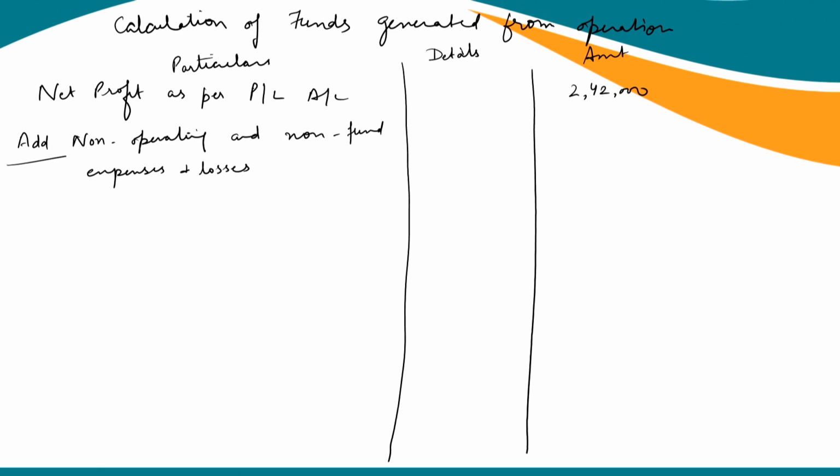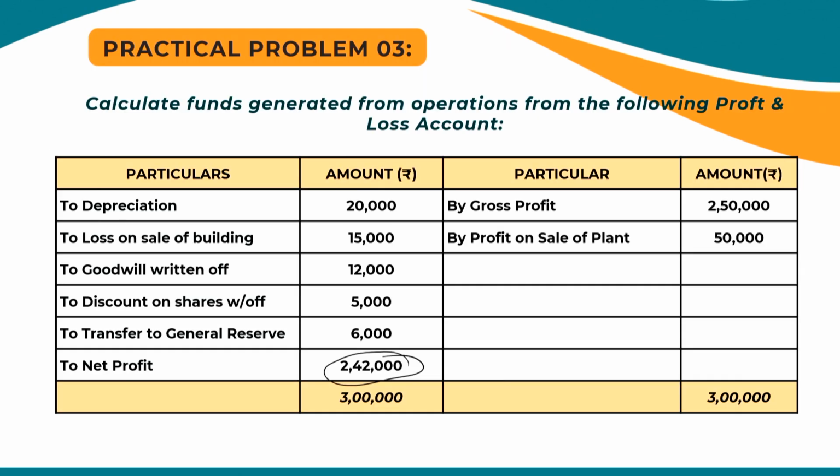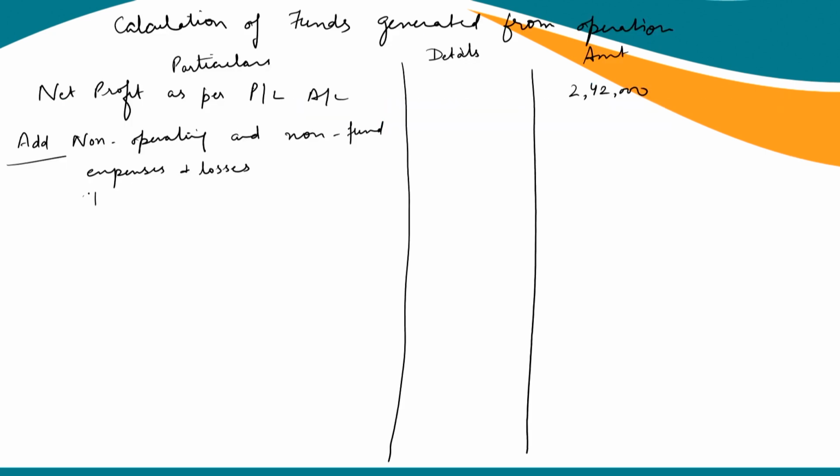So when we deal with this question, you can see the first item is depreciation amounting to rupees 20,000. We know that the depreciation is not going to be paid to anyone, so it is a non-fund item. So we added 20,000.